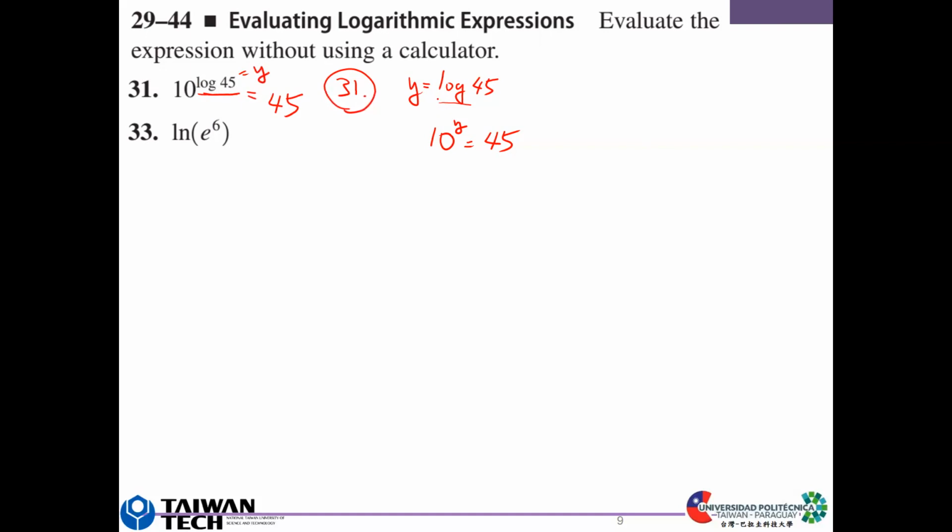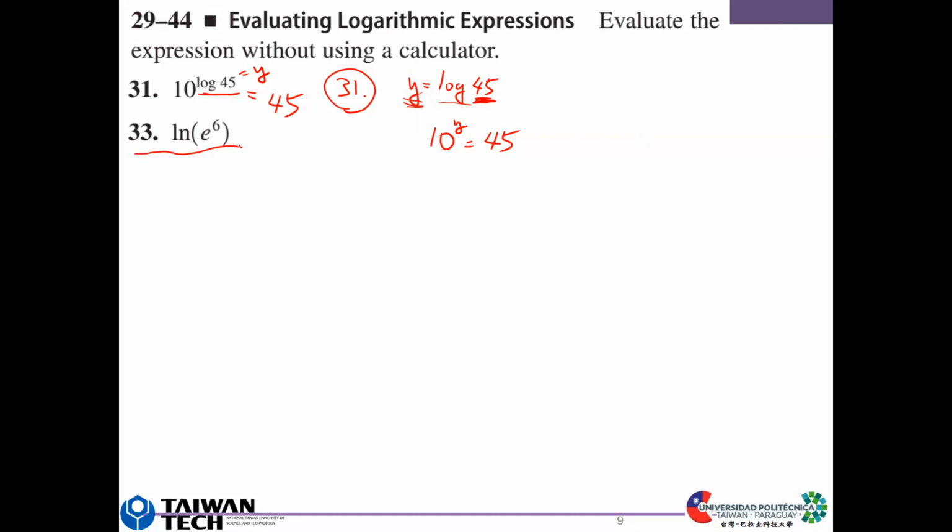So you can easily convert the log function into its corresponding exponential form. Always remember the output y is the power of the same base, raising it to the value inside the log function. Okay, and then for 33, it's natural log.